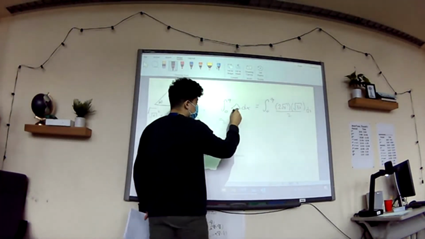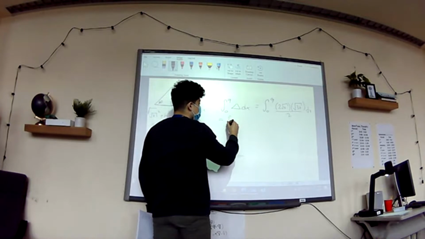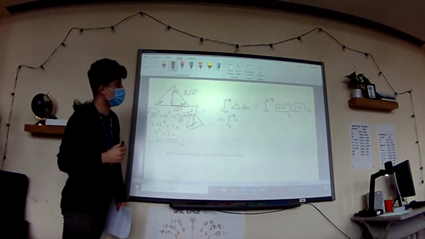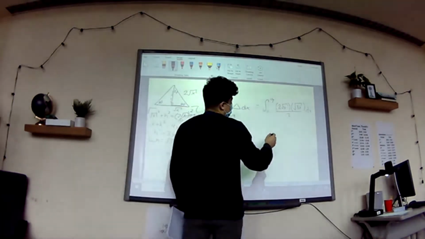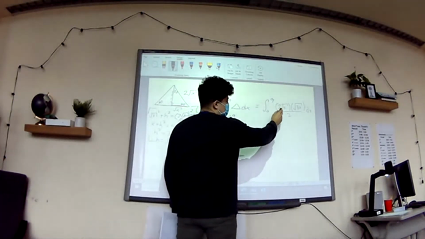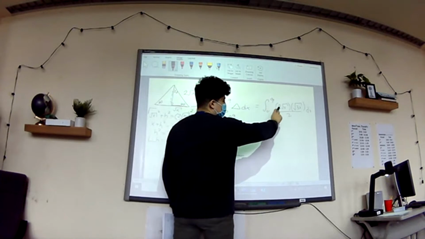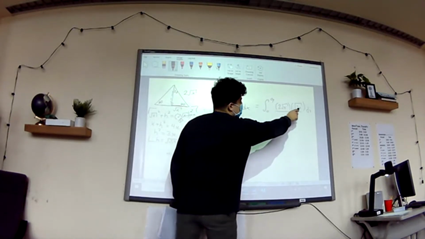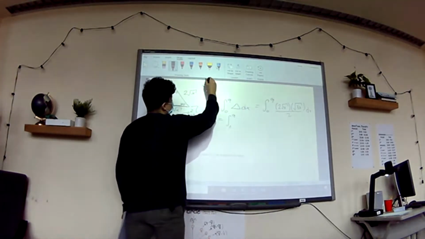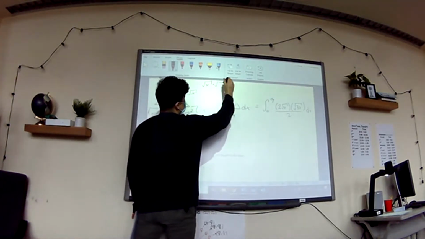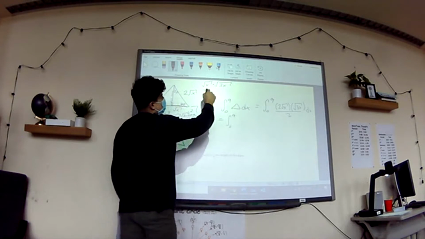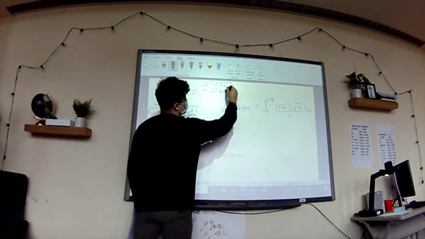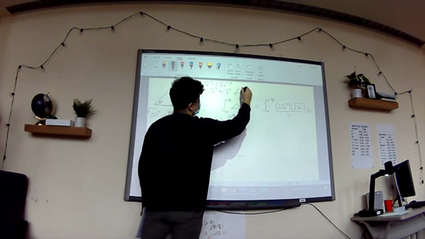2 divided by 2 is just 1, so that cancels. Let me also do this other thing off to the side. Square root of x times square root of 3x. Remember, that's the same thing as square root of x times square root of 3 times square root of x.